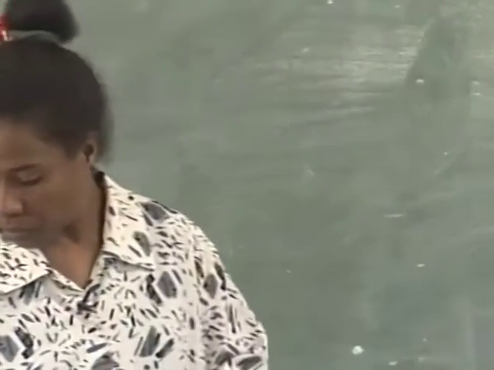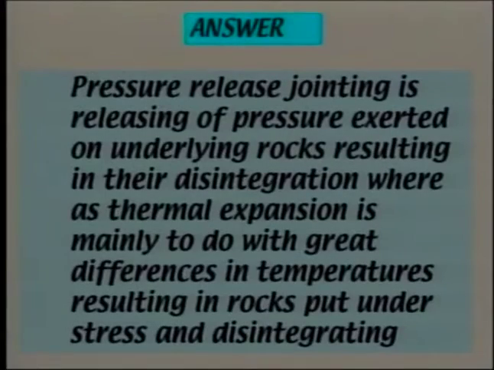You double check your answers for the first part and see if your answer is similar to the correction we have made to what Marian has given. Pressure release jointing is the releasing of pressure exerted on underlying rocks, resulting in their disintegration, whereas thermal expansion is mainly to do with great differences in temperatures, resulting in rocks put under stress and then disintegrating or breaking.